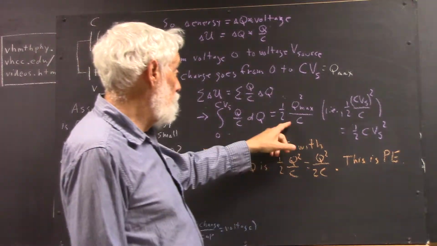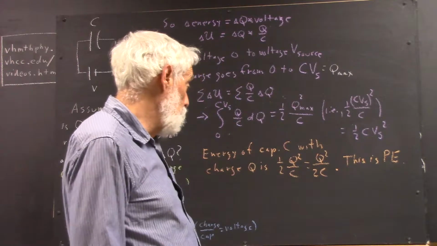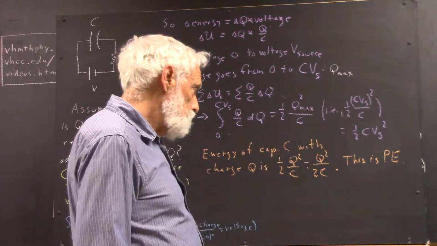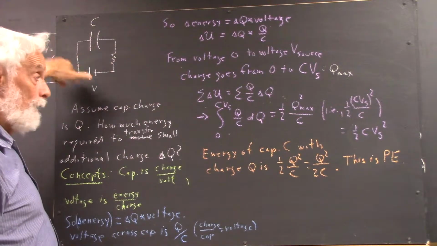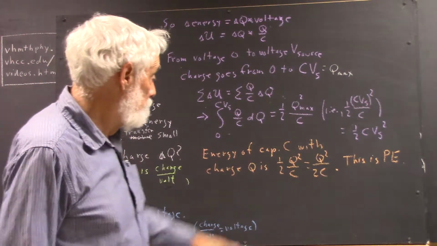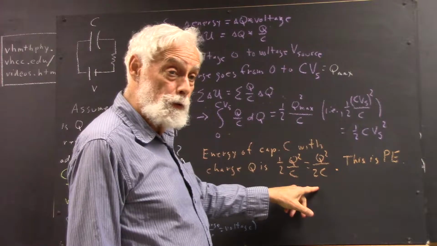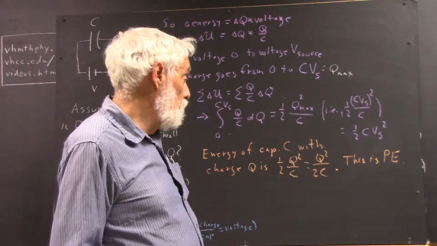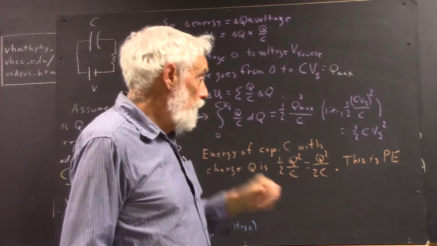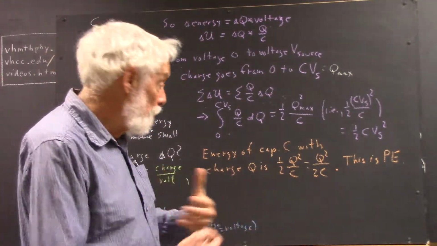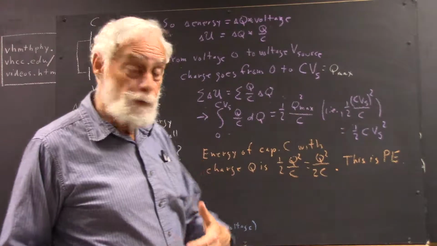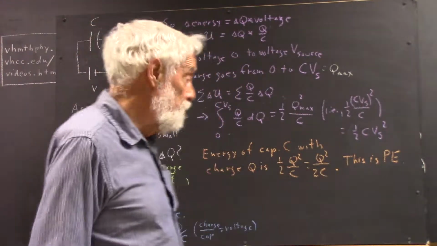Well, expressing it in this form, which is a more common form, because in general you're not thinking just in terms of this circuit, you get Q squared over 2C. That's the energy stored in a capacitor, and since the electric field against which you transfer the charge is a conservative field, this is a change in potential energy.